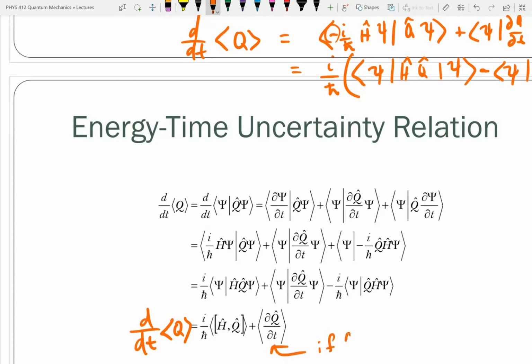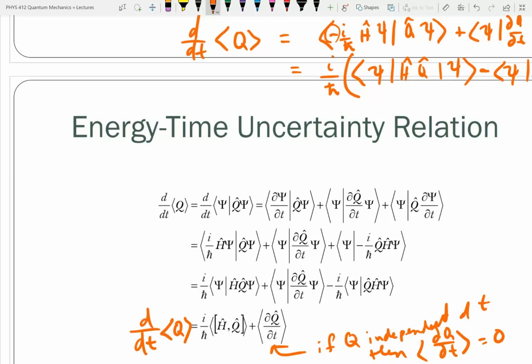Yes. If Q is independent of t, then our time variation is i over h bar times the expectation value of the commutator of the Hamiltonian with whatever my operator is.